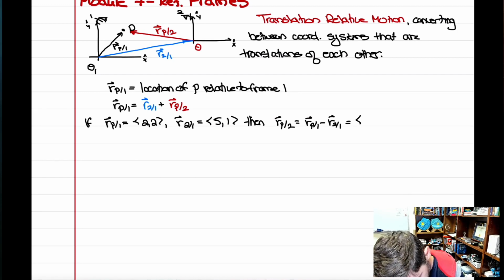So that looks like it's going to be 2 minus 5 comma 2 minus 1, or negative 3 comma 1.